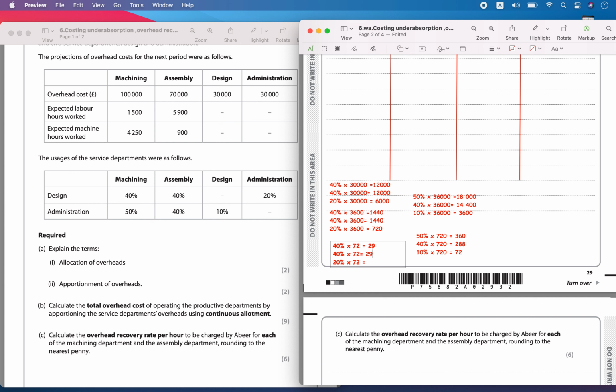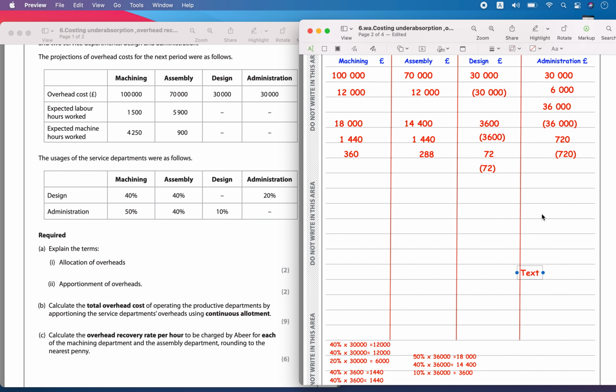So let's write that 29. And 20 percentage of 72 is 14, so 29 and 14.